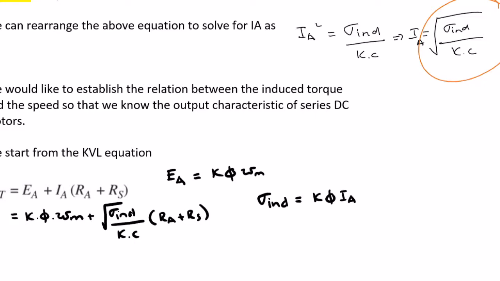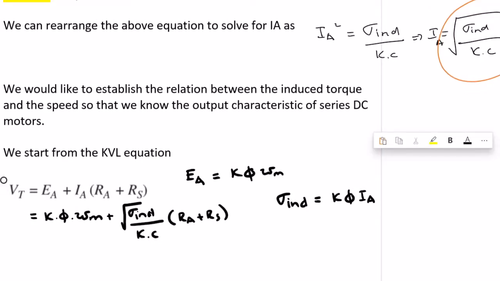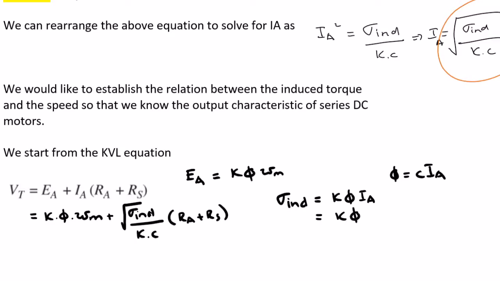Then we can replace, because we know that flux is equal to C times Ia, you can check the above to find this equation, and therefore we can write it down as K times pi squared over C. That's our induced torque.